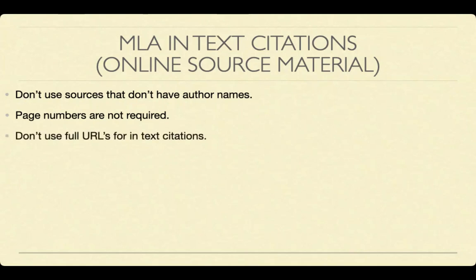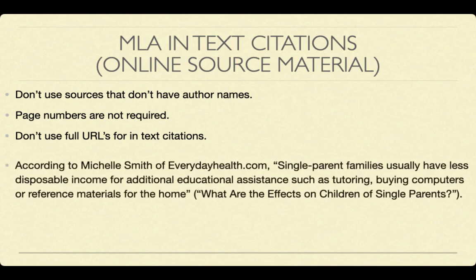And thirdly, don't give full URLs for in text citations. We save that for the bibliography at the end. For in text, if you've named the author in your comment, simply give the title of the article in quotation marks and surround it with parentheses and place the period after the parentheses. Here's an example.